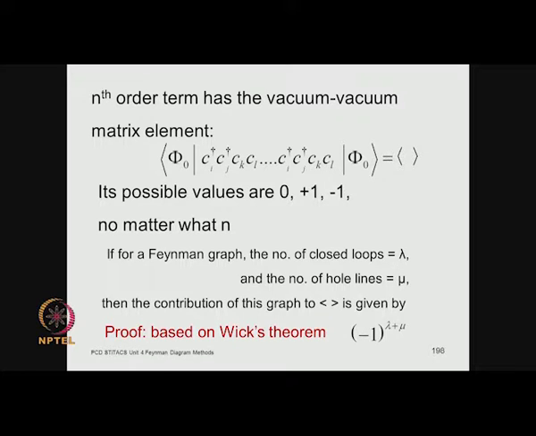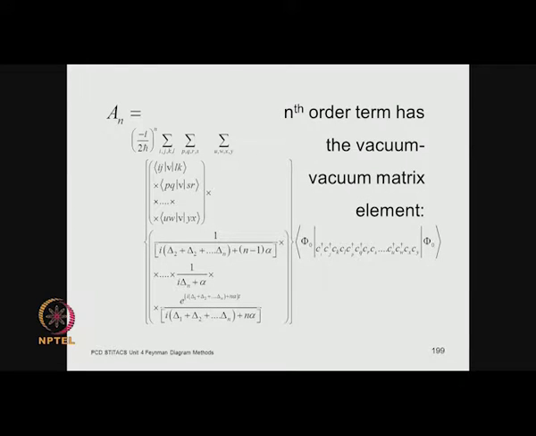It is a little laborious to do, takes a while, but the result can be very simply stated that with reference to this particular application of the diagrammatic techniques, the contribution of a diagram to the nth order correction goes as -1 to the power of lambda plus mu. So, that is where the number of loops, closed loops, and the number of whole lines becomes a significant factor to work with. These are the nth order terms.